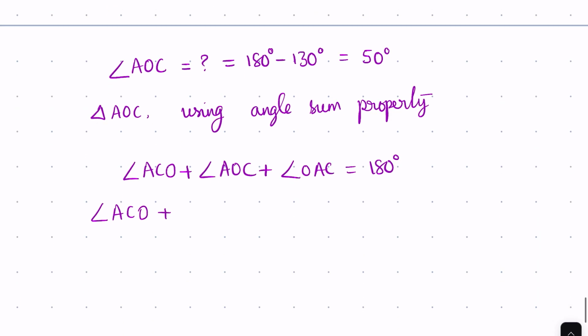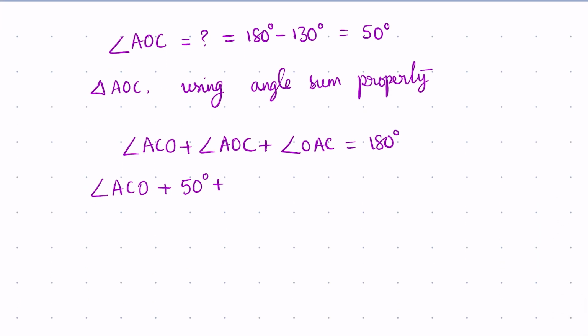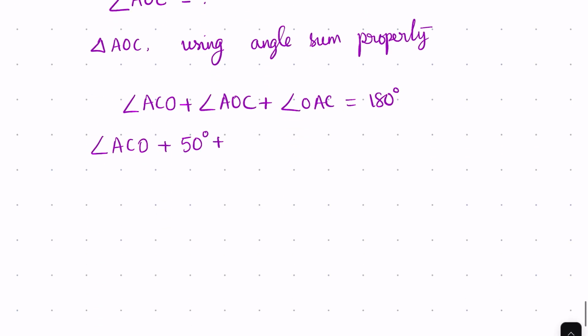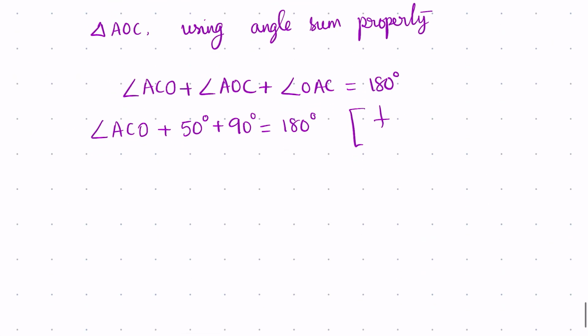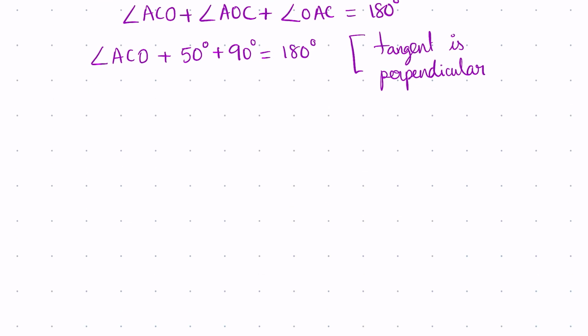We figured out it is 50 degrees, plus what is angle OAC? OAC is 90 degrees. That's equal to 180 degrees. Why is angle OAC 90 degrees? That's because the tangent is perpendicular to the radius at the point of tangency.